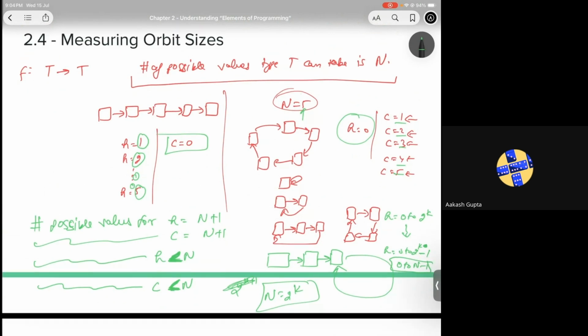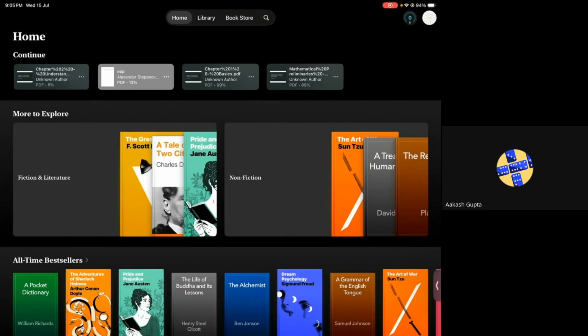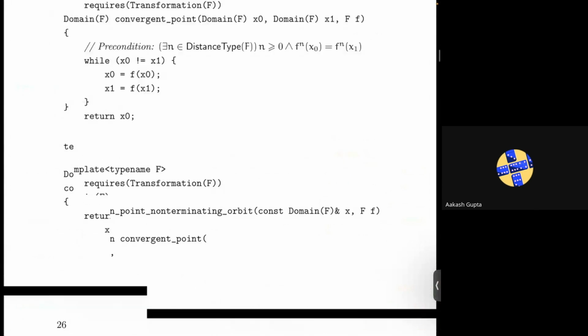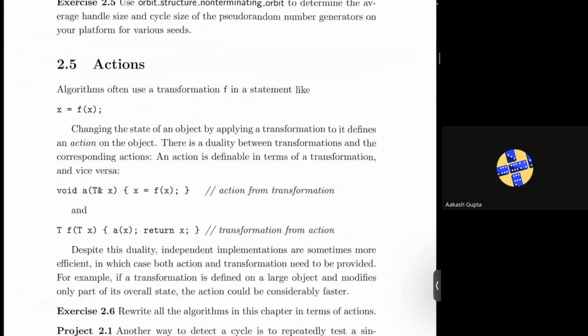Okay, so coming to actions. What are transformations? A transformation is simply a function that for a given input type returns type T. What are actions? Actions are nothing but simply void functions. They take one argument, let's say a T value, and let me open the book for you to show you how they are defined. We opened Elements of Programming here. We covered measuring orbit size and all the possible cases, and these are actions.